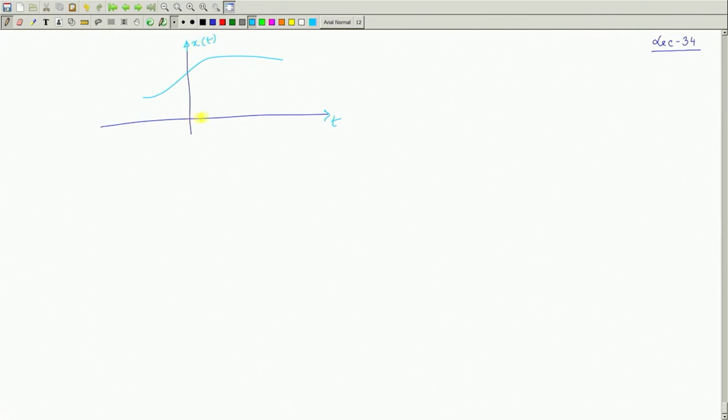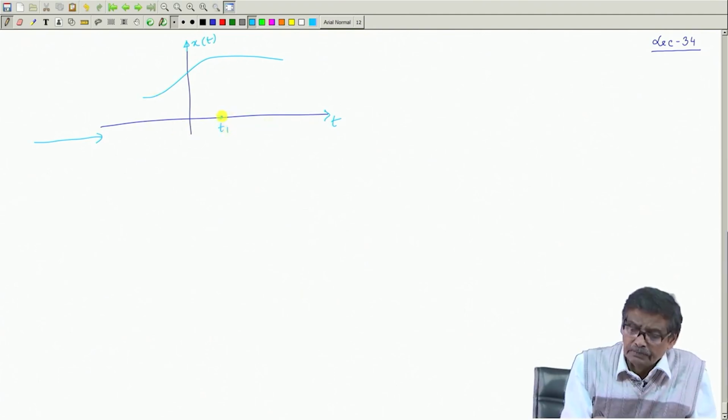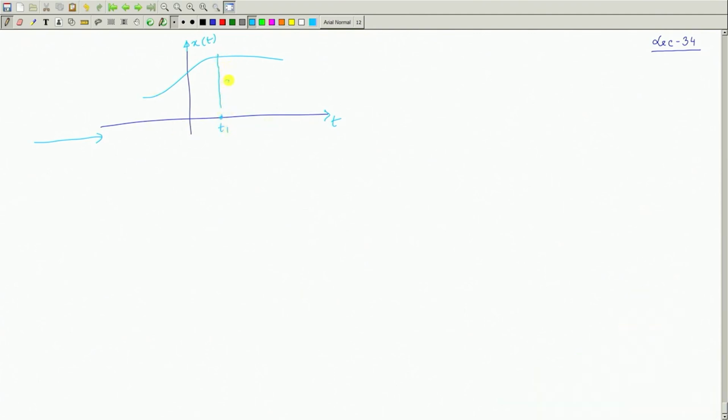Suppose you were moving from t equal to minus infinity along the t axis and looking at values. At a particular time, say t 1, it will have a definite value x(t 1). These are reasonable functions.